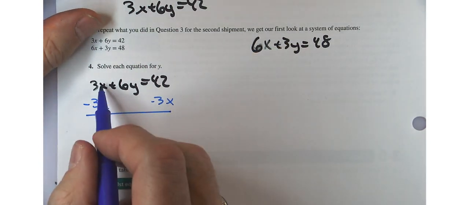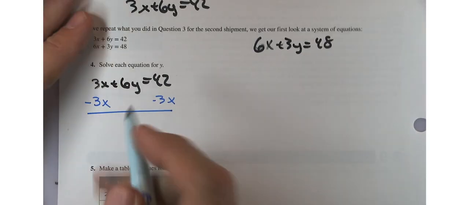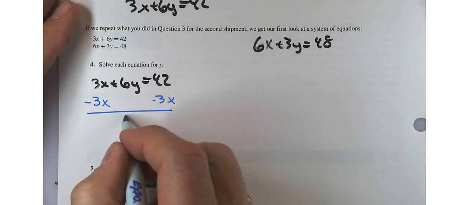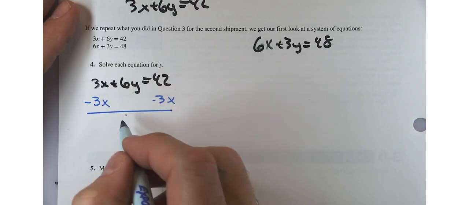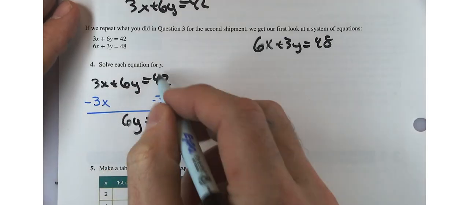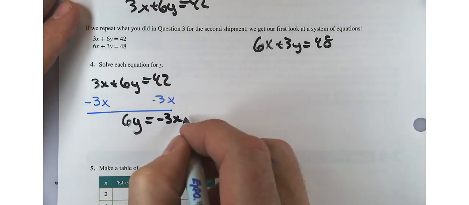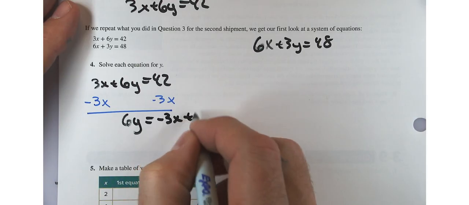If I subtract here, then I'm going to be left with what? Cora? Well, those cancel each other out, right? These aren't like terms, so I'm just going to leave it as negative 3x plus 42.